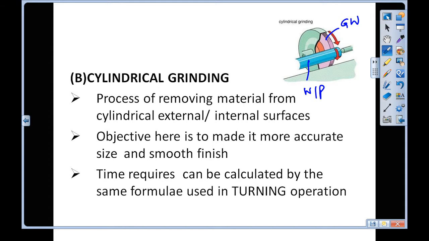A rotating grinding wheel is pressed against the cylindrical workpiece, which may be ground on the external or internal surface. The main objective is to make it more accurate in size with a smooth finish, and the time required can be calculated by the same formula used in the turning operation.